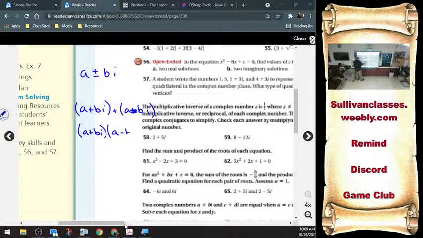For the product, multiply your two answers. So you solve it, and whatever your two answers are, you add the two answers, or multiply the two answers. Find the sum and product of my roots.